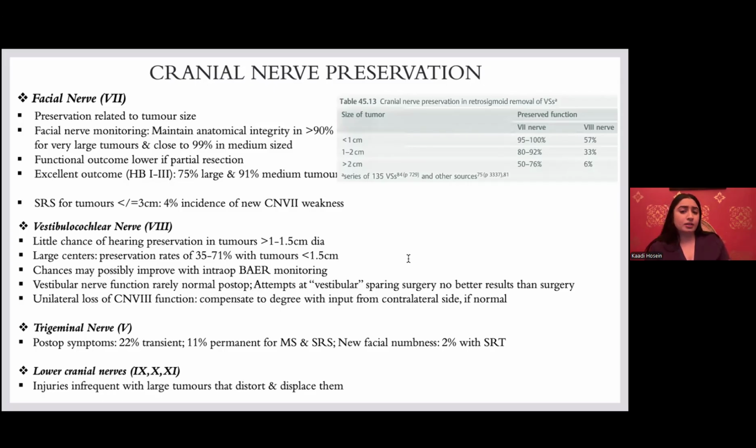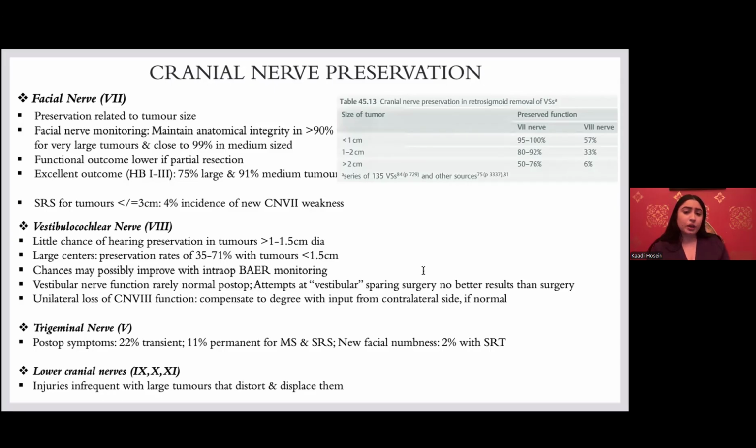And for SRS, for tumors less than 3 centimeters in diameter, with the modern dosimetry of 12 grays in patients with serviceable hearing, and 13 grays for patients with non-serviceable hearing, the incidence of new facial nerve weakness was seen to be 4%, as per Pollock et al. in a 2006 study.